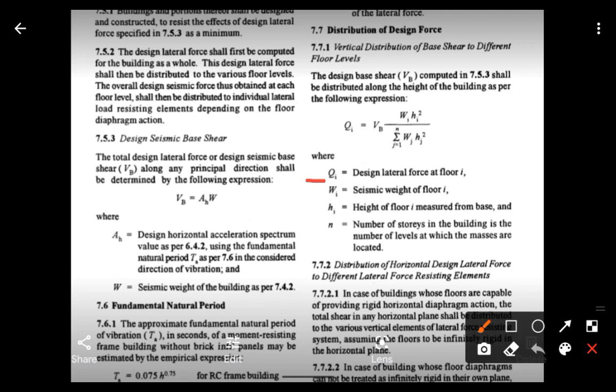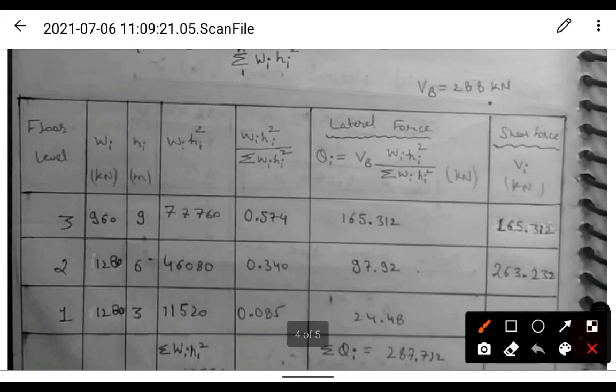Qi represents the design lateral force at floor i. It means i here can be replaced by the number of the floor at which we are going to calculate the value of Qi. Wi is the seismic weight of the floor, hi is the height of the floor measured from the base, and n is the number of stories. As we know, our base shear that we have already calculated is 288 kilonewton.